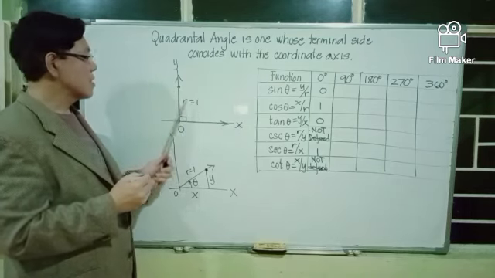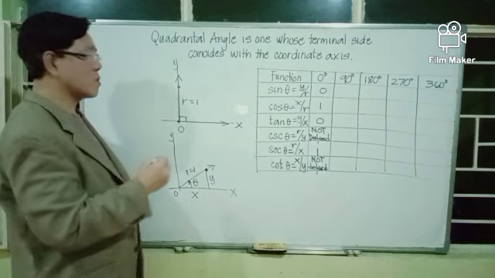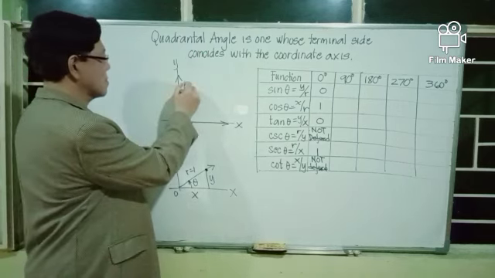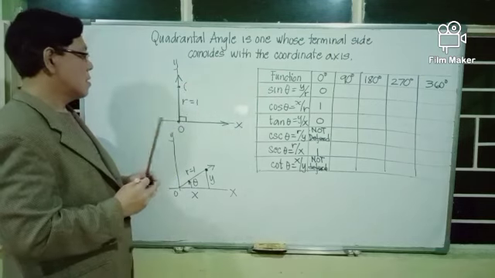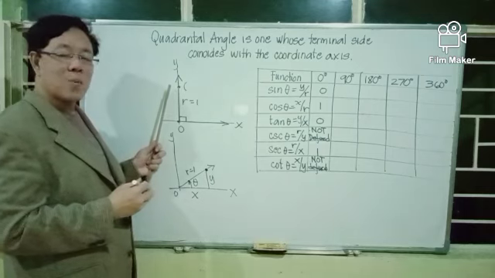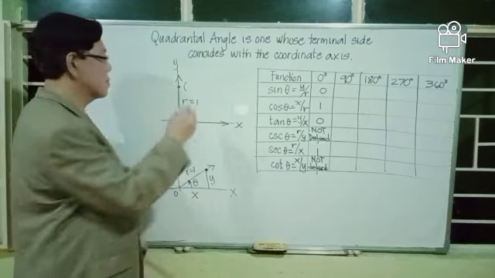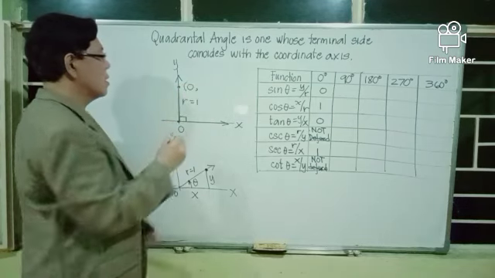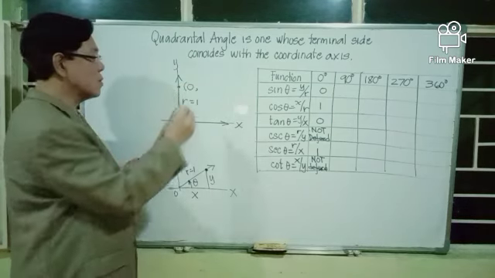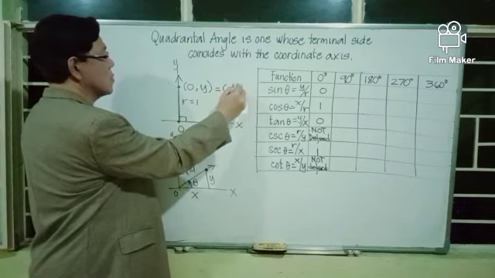1 unit. And this point on the terminal side of 90 degrees has coordinates. Because this point is on the y-axis, and the abscissa or value of x of any point on the y-axis is 0. And y has a value which is equal to 1.